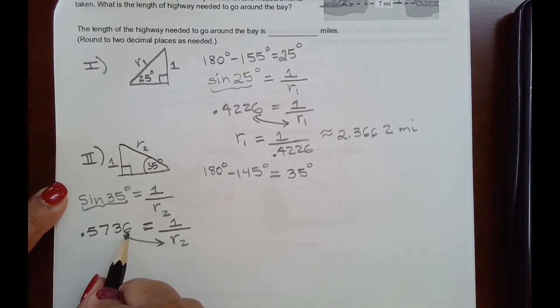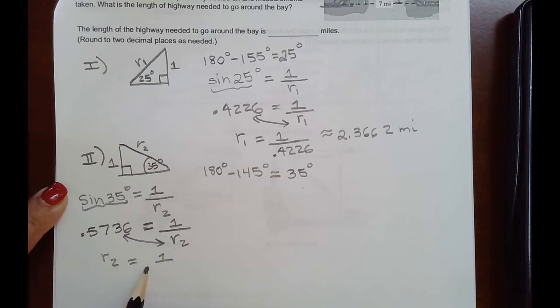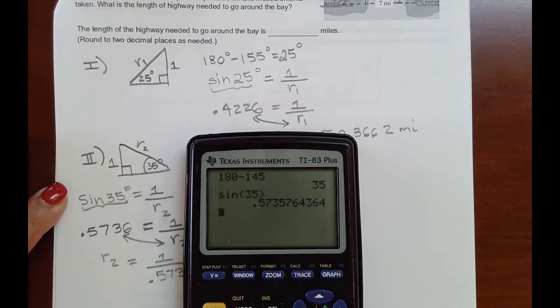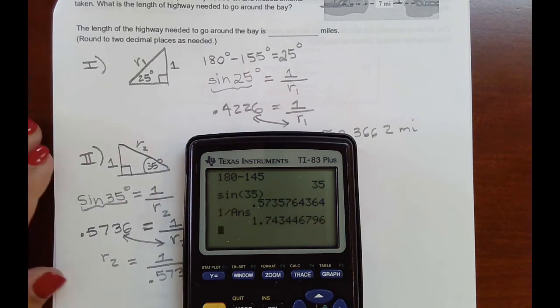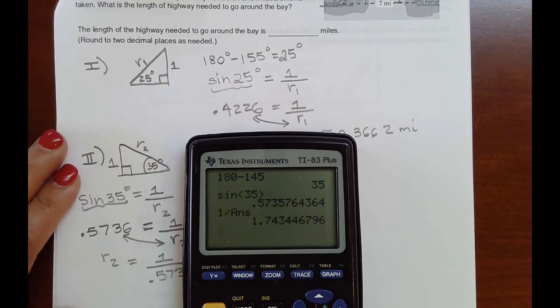But these two switch places, and you would end up with R2 is equal to 1 over 0.5736. So 1 divided by the answer that's still in the window there would be 1.7434.